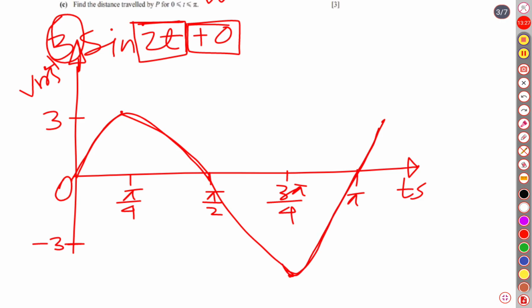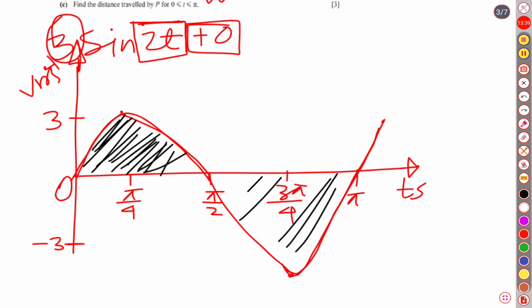From the curve, what do we know? Look at this. This portion is above our x-axis, this portion of the curve is on our x-axis, and this portion is lying below our x-axis. Why are we doing this complicated part?